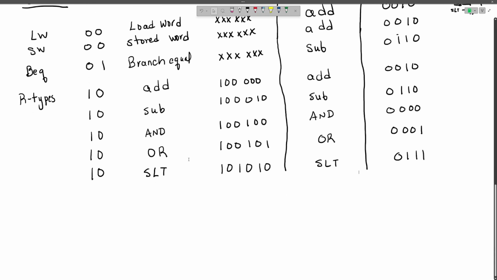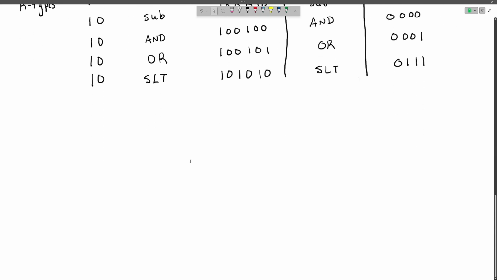So what we can do is start minimizing the equations. So the way we're going to minimize these equations is by watching our original requirements and trying to minimize what we can.